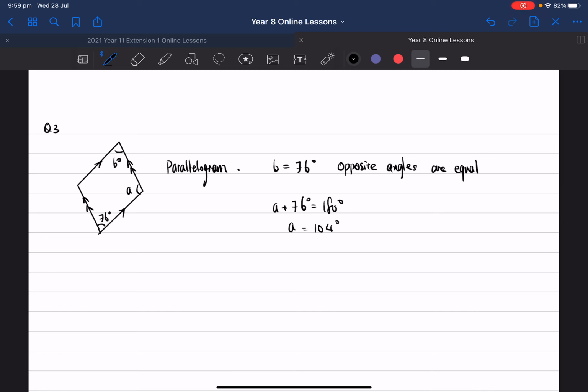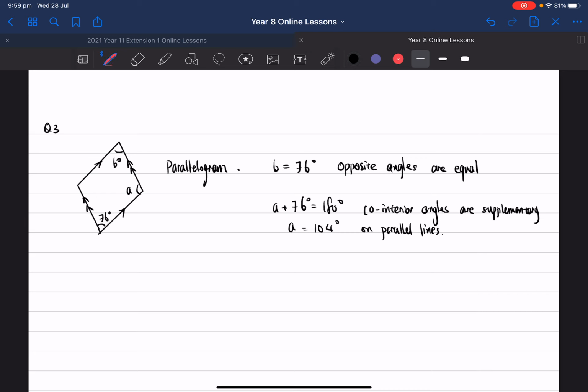That's one way you can do it, using the co-interior angles. That property is supplementary on parallel lines. You can use this method if you want.